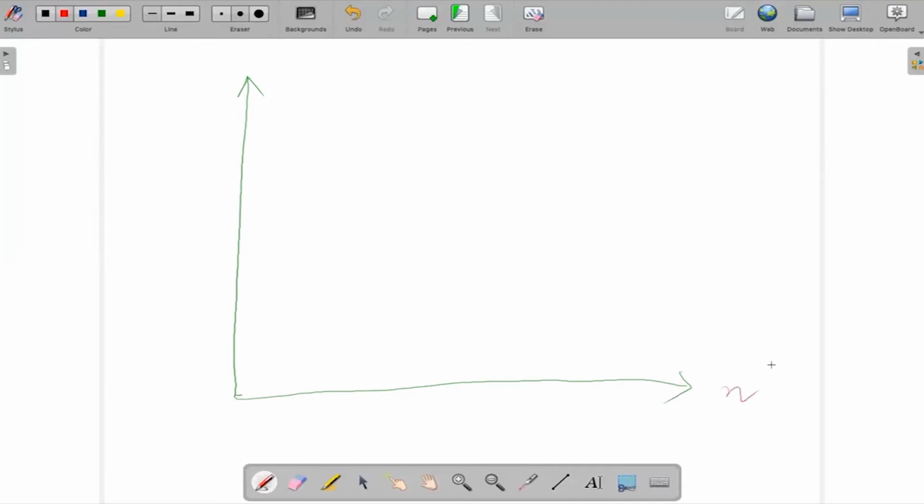So let's say this is our n, 0, 1, 2, 4, 8. So these are in steps of powers of 2, 32, 64, 128, and so on and so forth. This is a logarithmic scale.